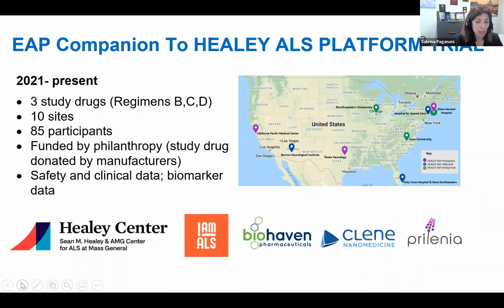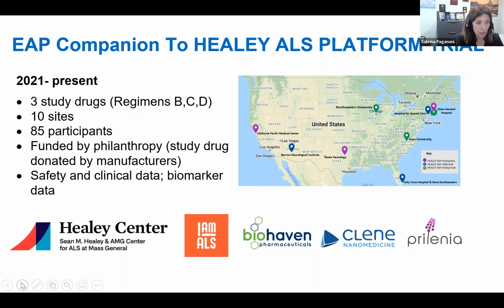Now, since our first experience in 2018 and to present, as a single center's EAP group, we decided to leverage the existing Healey ALS platform trial that we spoke about earlier to offer EAPs at more sites, not just our site, but trying to broaden this concept to other sites so that we could get closer to where people live.